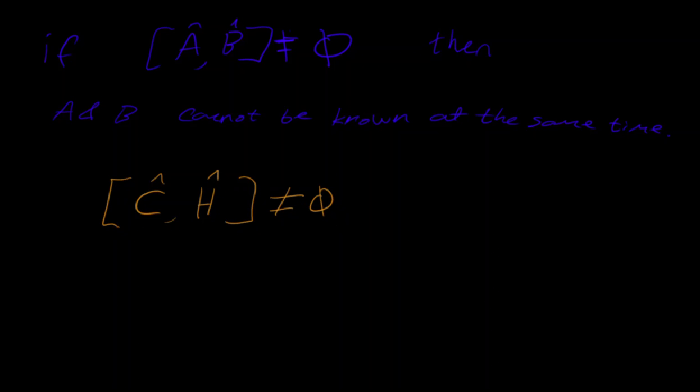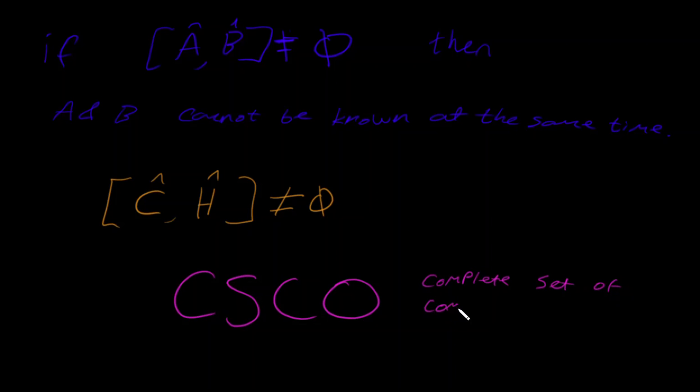Right? And so one other note, what we're going to try to do in quantum mechanics is find what is called the CSCO. This is what we're going to want to find in our problems. This is the complete set of commuting observables. Right? And what this means, right? Commuting observables are observables that you can know at the same time, right?